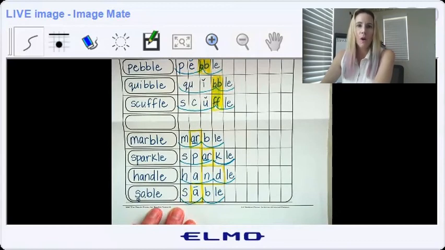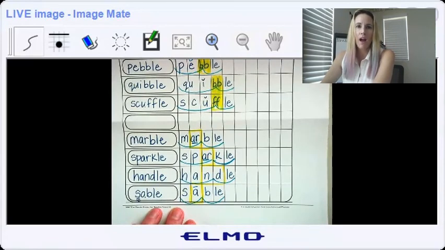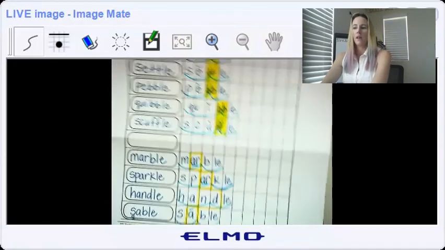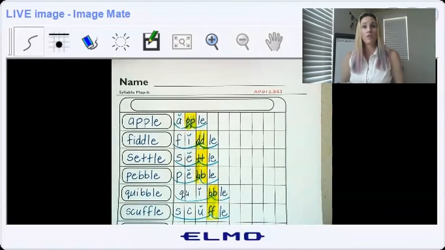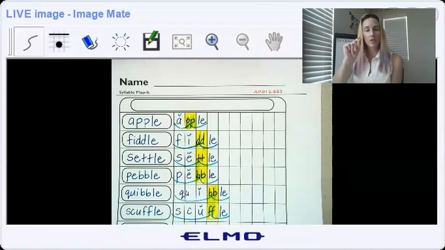So in your Nearpod lesson, I'm going to have you practice tapping the sounds and mapping them on a grid similar to this with just fewer words. And then I want you, with your Draw It pencil tool, to actually go and scoop the syllables. If you have your double syllables, you're going to scoop right after the first B or D, whatever it happens to be, and scoop in the middle for the second syllable.